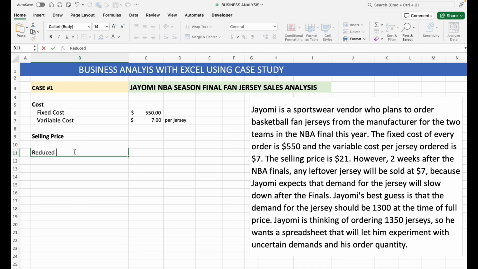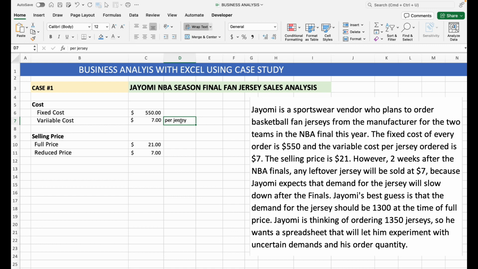So per jersey we'll be selling at $21 till 2 weeks after NBA finals, and any leftover will be sold at $7. So per jersey we'll sell at $21 at full price and $7 at reduced price.